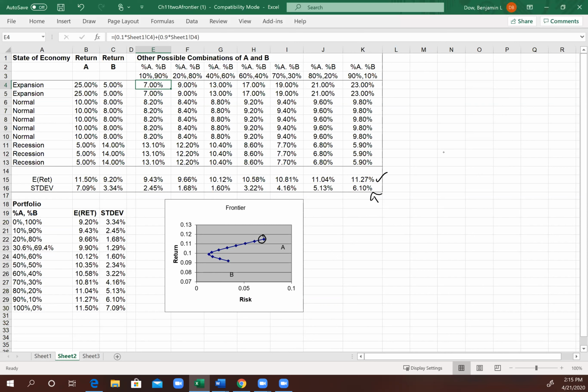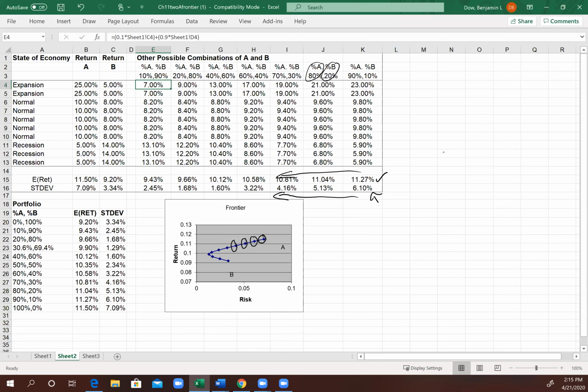As we decrease our A position and increase our B position, we end up with less risk, but also lower returns.